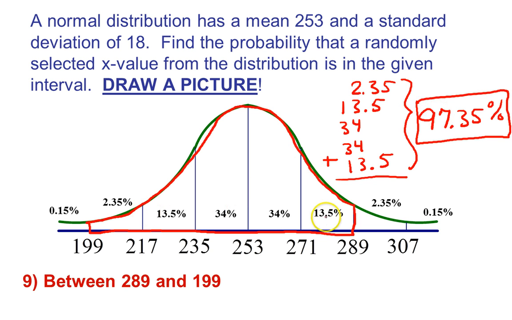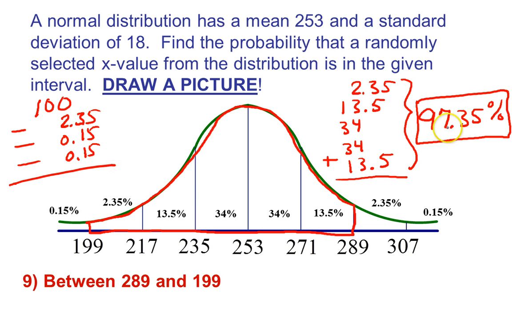Alright, or I could subtract. Or this zone, this interval, is the whole picture except for these 3 zones. So I could start with 100% and subtract 2.35 and 0.15 and another 0.15.